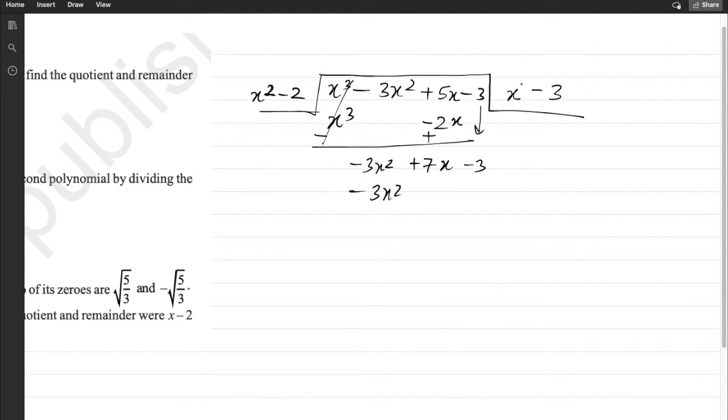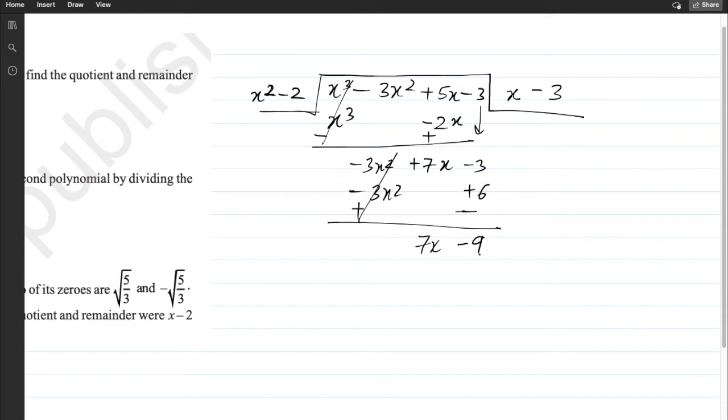The second expression will be minus 3 times minus 2, that will be 6. Positive 6, because minus times minus gives a positive sign. Now positive 6 will not come below x, it will come below this constant, so I will write it like this. Alright, and I will subtract. For subtraction, the sign will get inverted, this minus sign will become positive, this positive sign will become negative. Now these two will cancel out, this will come down as 7x, and this will become minus 9.